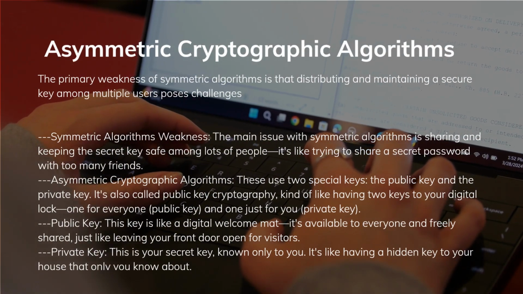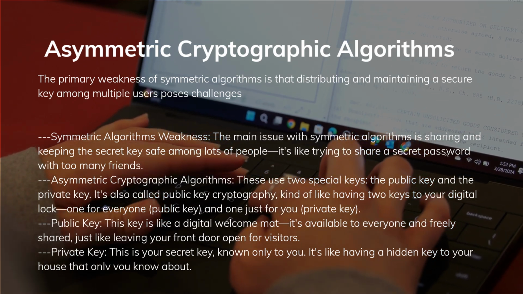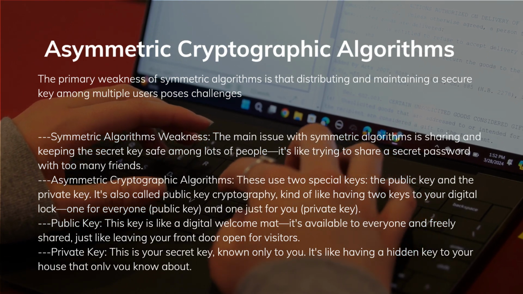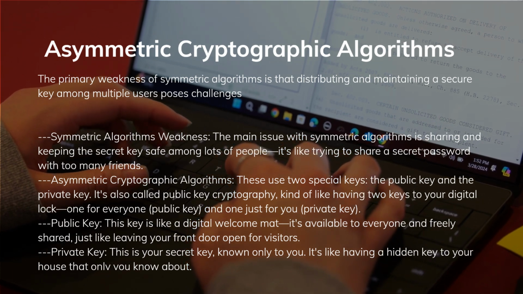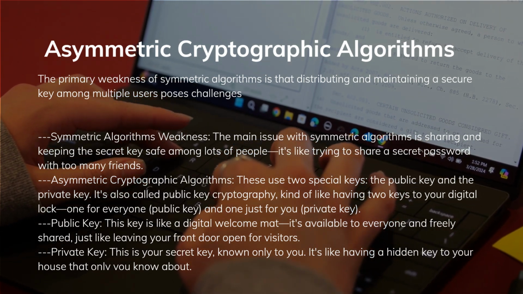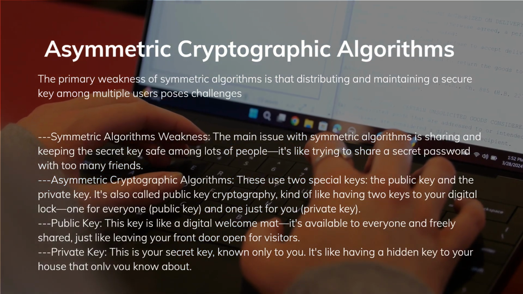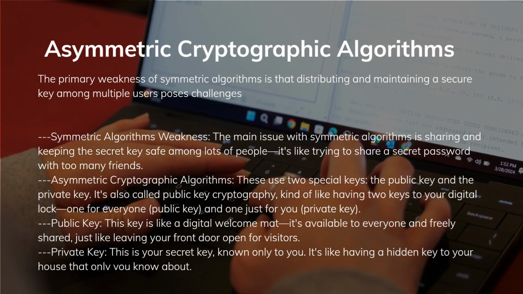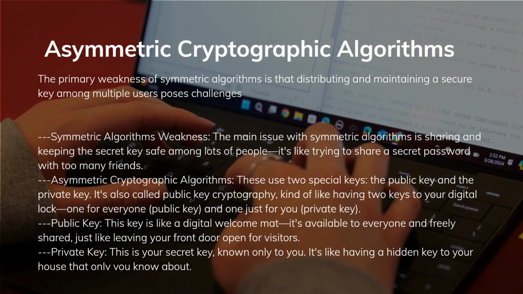Imagine having a treasure box full of secrets that you want to share with friends. You use a magical key to keep it locked and safe, like a secret password known only to you and your friends. With symmetric algorithms, sharing this key among many friends can be challenging, like trying to share a secret password with too many people. But with asymmetric cryptography, you have two keys: a public key for sharing with everyone and a private key just for you.